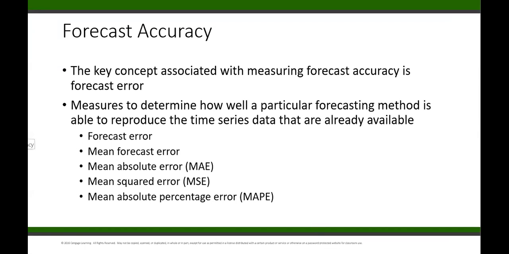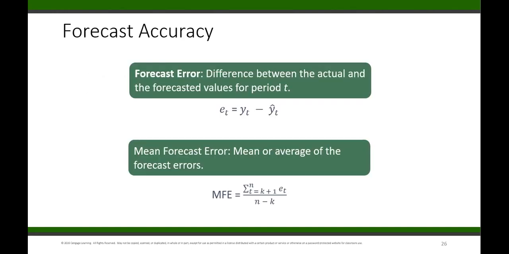So we usually make a forecast for something that is going to happen in the future, right? So we make a forecast for, let's say, sales at period T, at week T, month T. And then when we reach period T, we observe the exact value, or the actual value of sale at that time.